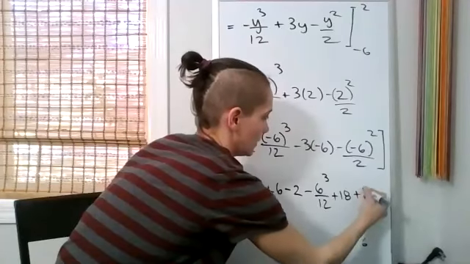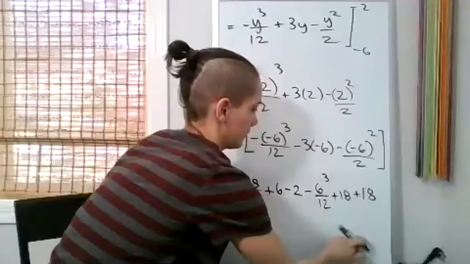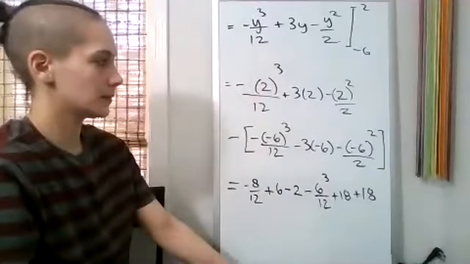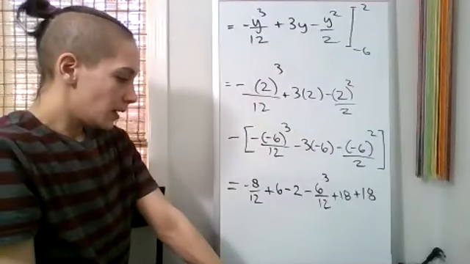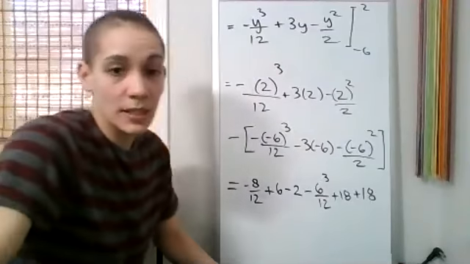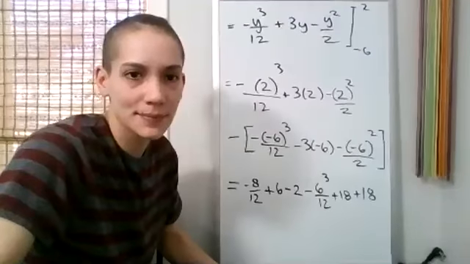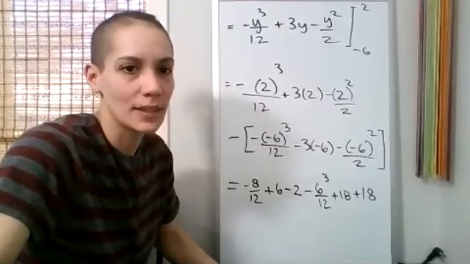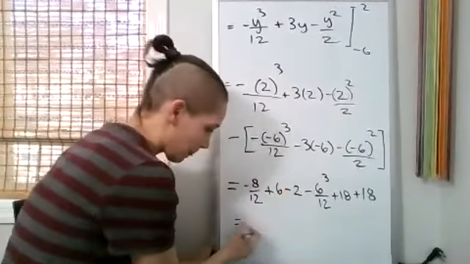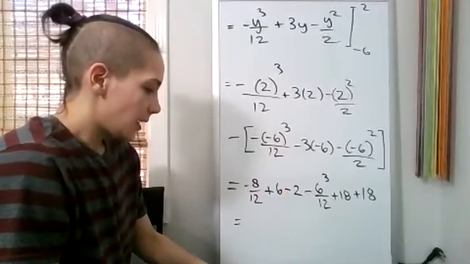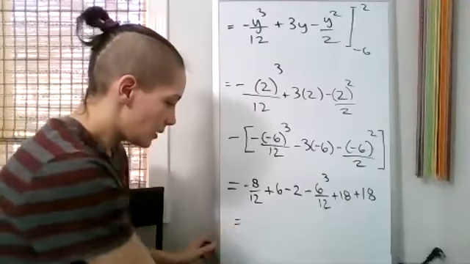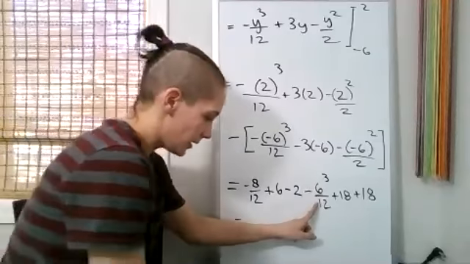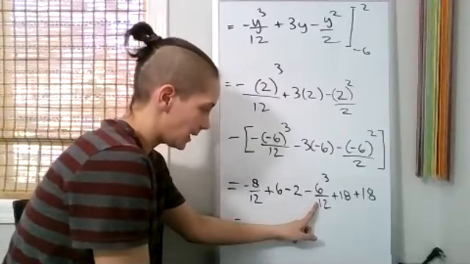Yeah. 18. Okay, let me know if you see any mistakes. All right, next. I've got that this part, negative 18 right here.